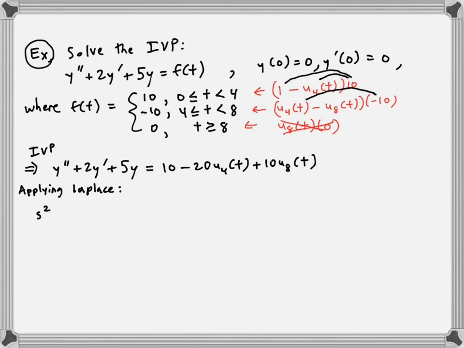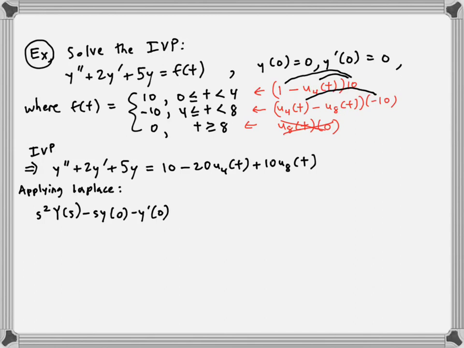We end up with s squared y of s minus s y of 0 minus y prime of 0. So this was what our sheet said, right? This is what our sheet says for how you take the Laplace of a second derivative. So that's what I just did.